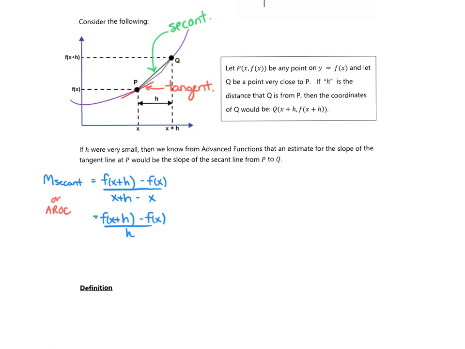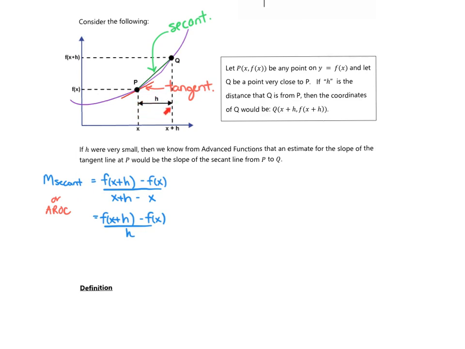But as we move the point Q closer and closer to the point P, this value of h becomes smaller and smaller, and you'll recall that we did it as close as 0.001 on either side, and what happens is this secant line becomes an approximation of the slope of the tangent line. In other words, as the distance between P and Q gets smaller, this value of h approaches 0.